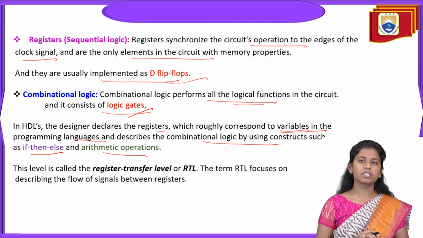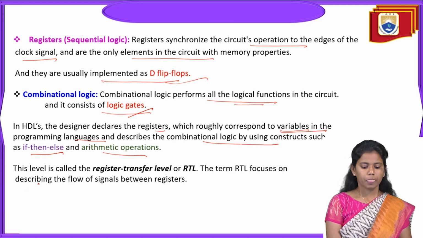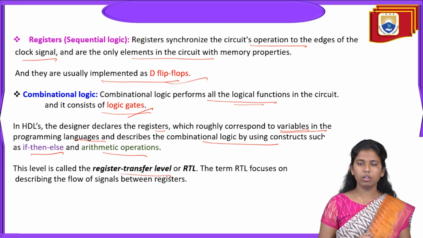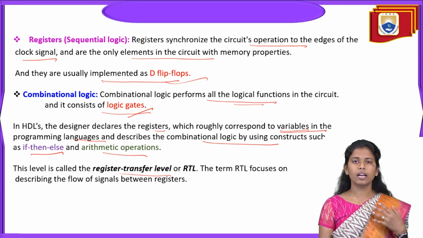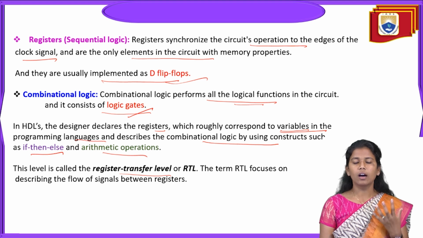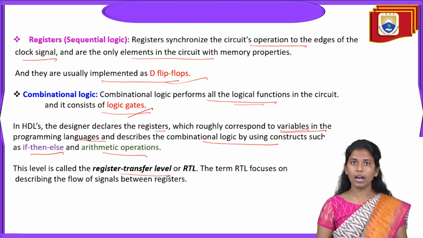Some digital circuits can be easily developed, and this level is called the register transfer level, or RTL. So regarding the constructs, the memory elements, and the different values or variables from the registers, all these things can be done under one roof, that is the register transfer level or RTL.